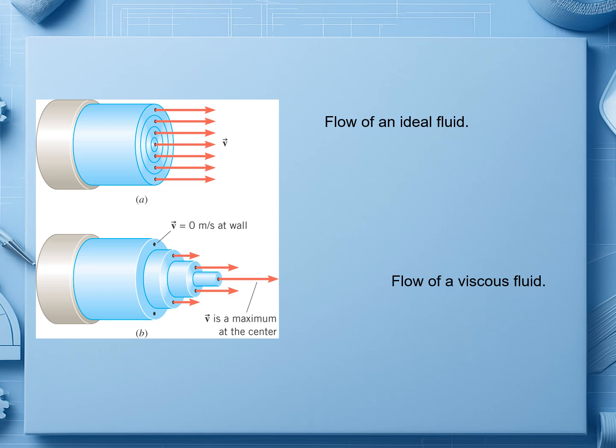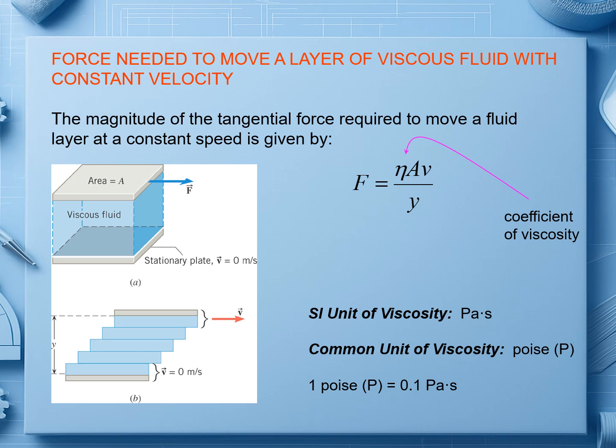In an ideal fluid, the velocity is constant all throughout. Viscosity measures a fluid's resistance to flow. The tangential force required to move a layer of fluid is proportional to its viscosity, which we measure in Pascal seconds or poise. So we have here the coefficient of viscosity, the area, and the velocity over y.